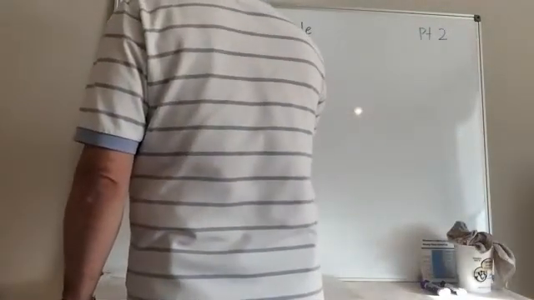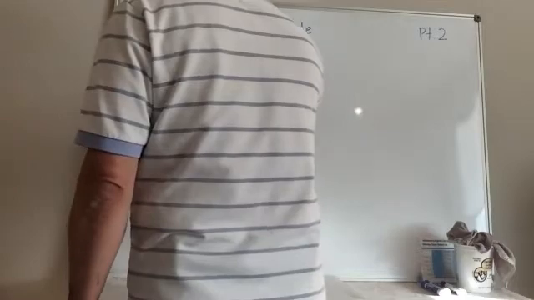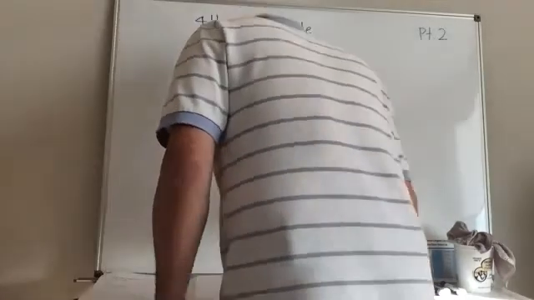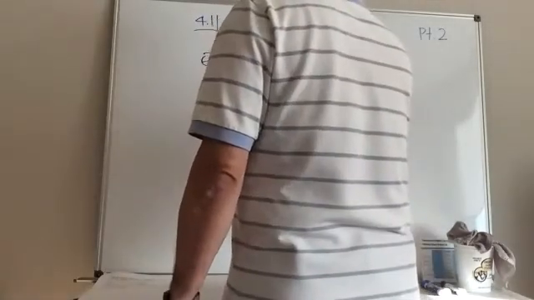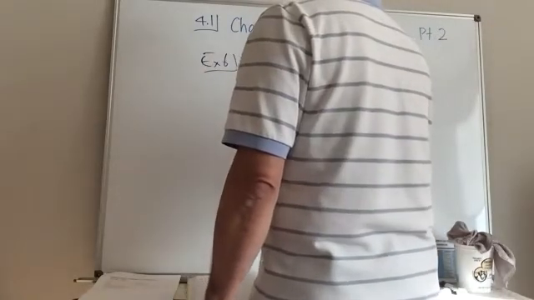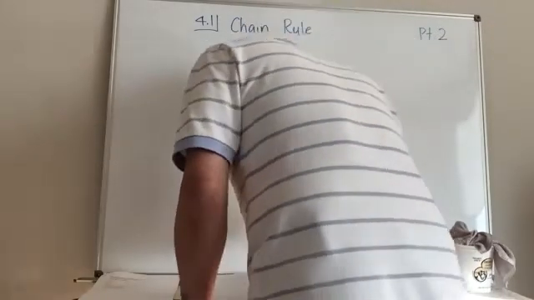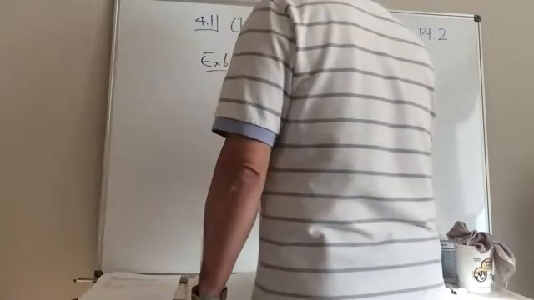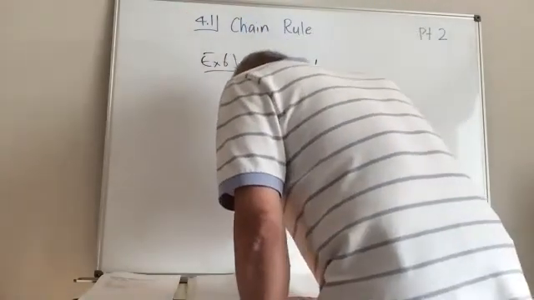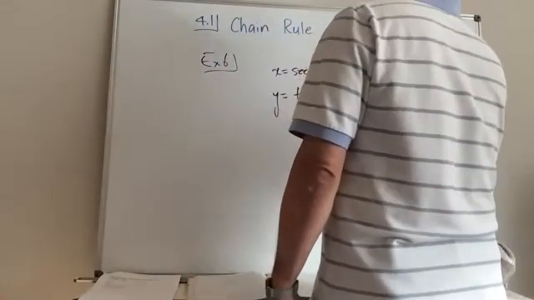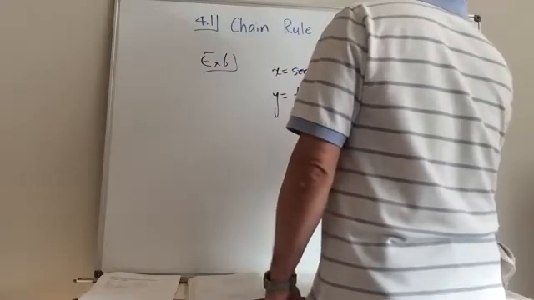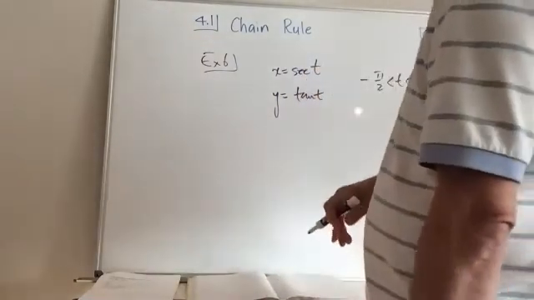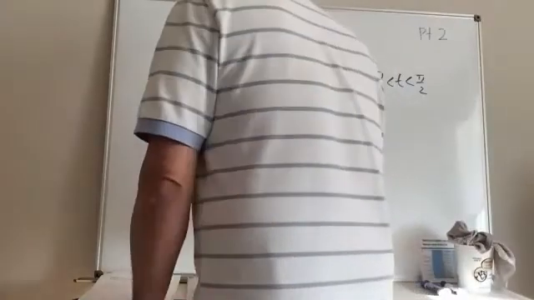Example number 6, we have x equal to secant t, y equal to tan t, and t is between negative pi over 2 and pi over 2. I want to find what dy/dx is.